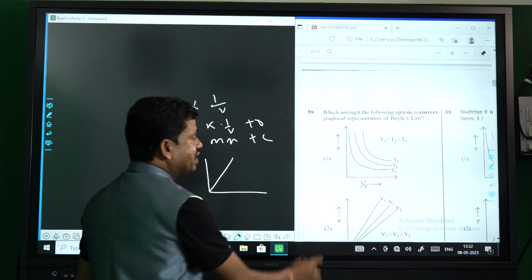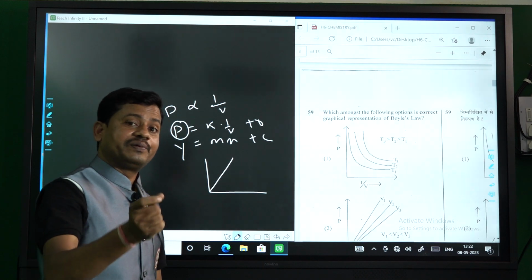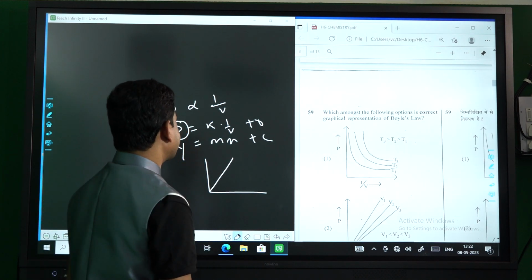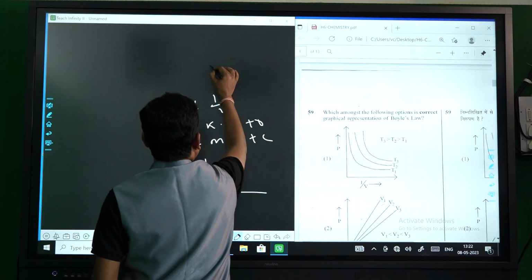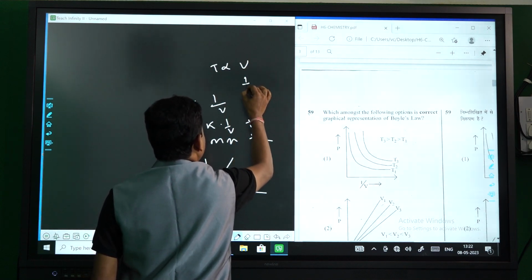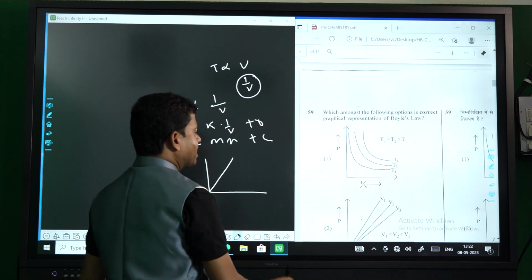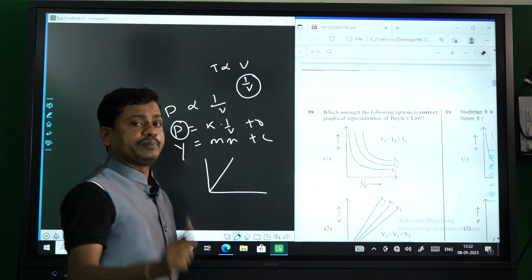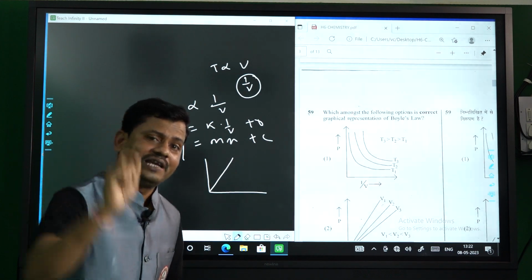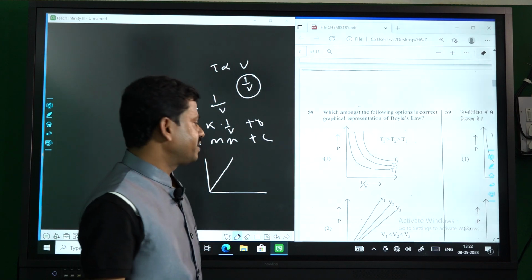Now, in the scenario of the question, the graphical representation will be asked at different temperatures. If temperature increases, volume increases, but the value of 1 by V decreases. So at high temperature, the value of 1 by V is minimum. At low temperature, the value of 1 by V is maximum.